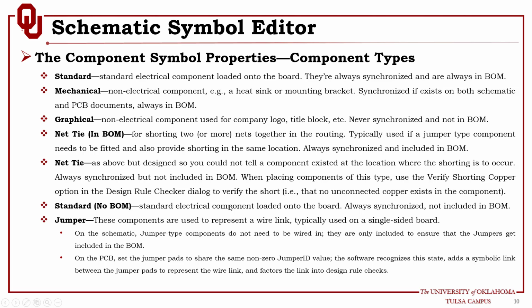It has electrical characteristics, it's synchronized, everything is the same, except this component will not be included in the bill of material when you generate the bill of material. So why is that? If you have a component that is marked DNP, meaning do not place on the layout during the assembly process, this component can be identified as standard no bill of material.